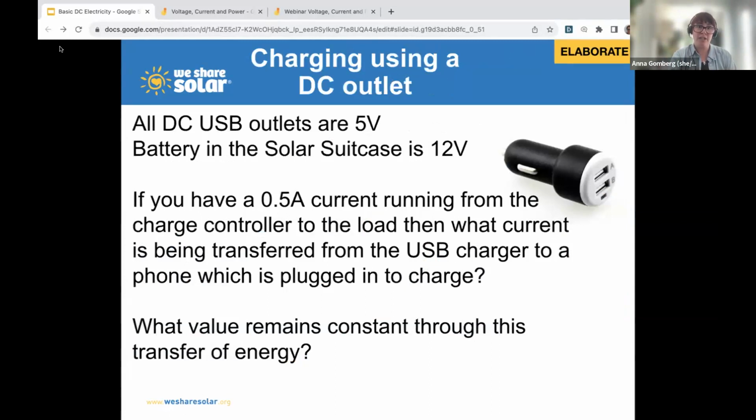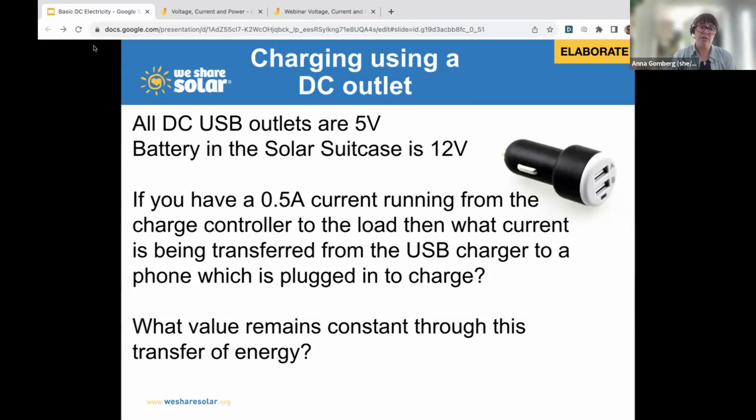This is a bit more challenging, hopefully, to really get you to think more, apply the knowledge that we've learned even further and elaborate on a totally new scenario. In our solar suitcase, you can plug in one of these DC USB outlets. They provide a voltage of about 5 volts, and that's the voltage that pushes electricity into the device that you're charging, like a cell phone.